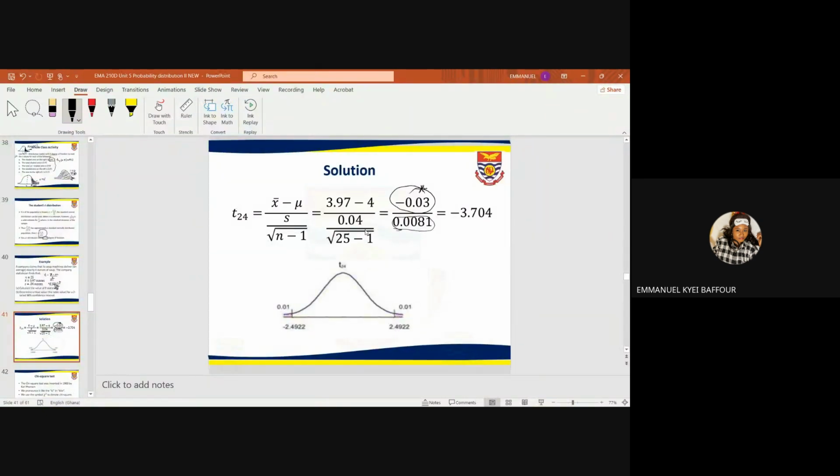So just punch this alone and let me see 0.04 divided by the square root of 24. So we had the answer. It includes times 10 raised to the power negative 3.